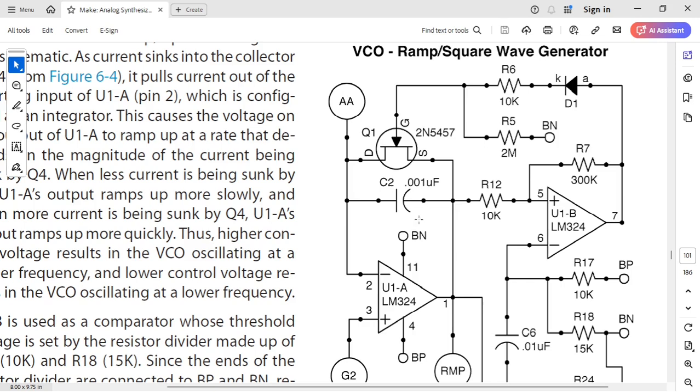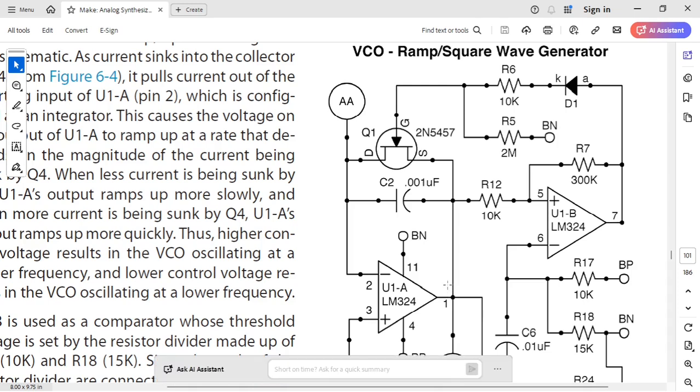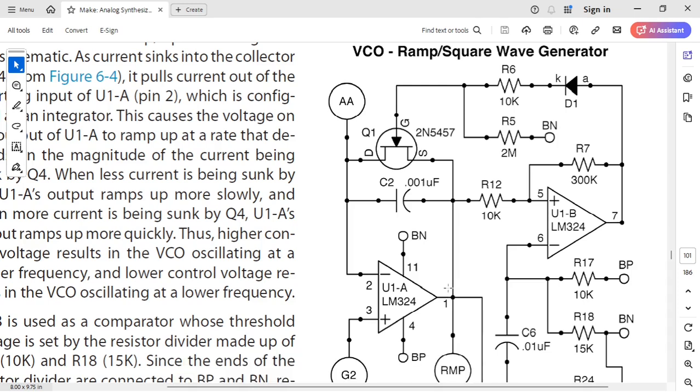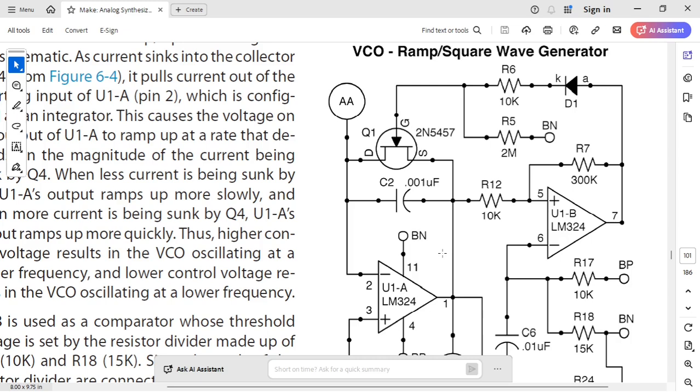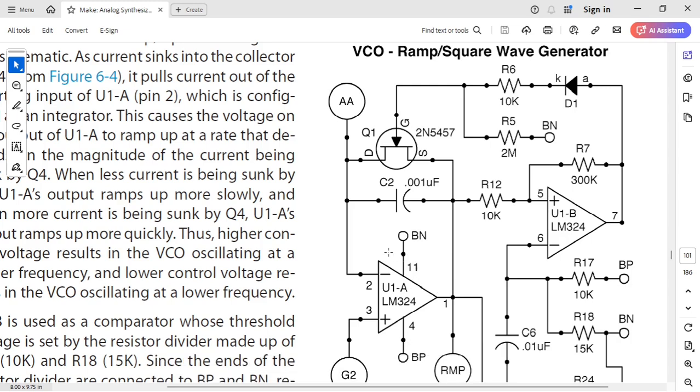And what's going to happen is that to do that, the op-amp is going to have to increase the voltage here. So this voltage is going to go from 4.5 volts to whatever the BP is, because this is the positive rail. So the voltage at the output is going to ramp up from 4.5 volts to 9 volts.